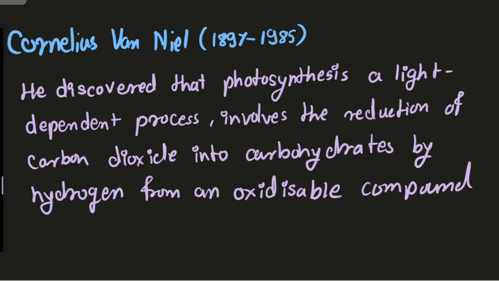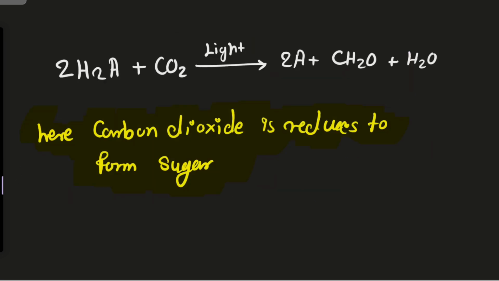Next is Cornelius van Niel. He discovered that photosynthesis, a light dependent process, involves reduction of carbon dioxide into carbohydrates by hydrogen from an oxidizable compound. In simple words, hydrogen from an oxidizable compound reduces carbon dioxide into sugar, that is carbohydrate.